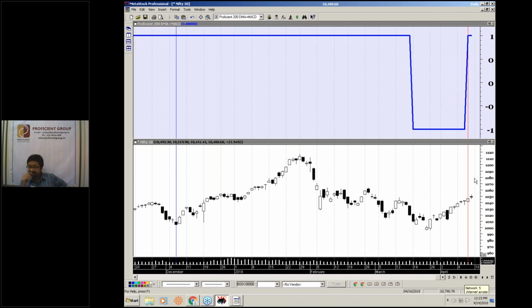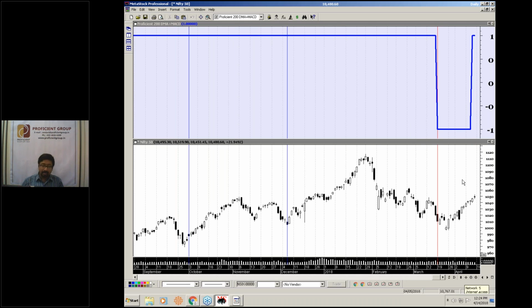The prices went above the 200-day moving average, as well as MACD went above its zero line. So this particular case occurred here, and the reverse sell signal was there on 19th of March. So yes, it is a bit late, but still we are staying in the primary direction of the trend.